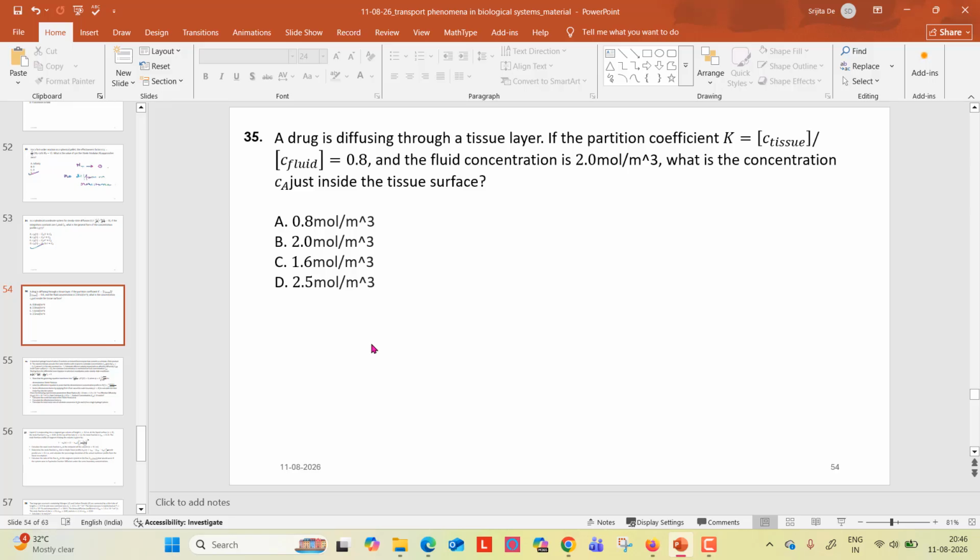Just inside the tissue, Ca will be K into C fluid. K is 0.8 and the fluid concentration is 2, so it will be 1.6 mole per meter cube.